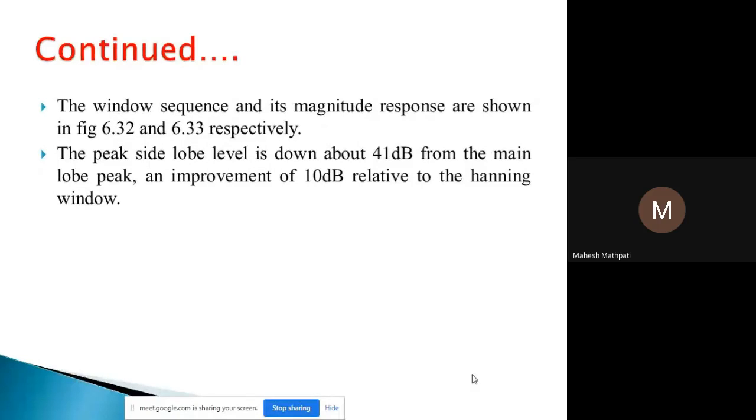So this last point, you just note down. The peak side lobe level is down about 41 dB. Down means a negative value is coming here, from the main lobe peak.